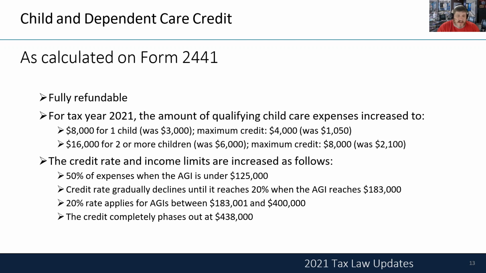Whoever has custody and has a right to claim that dependent will get any credits that are applied for, because he only has to report the advance payments that he received, and not what someone else received. And that's where we're going to see some of this. I think the people who might have to pay some of that money back are going to be in circumstances where you have two parents that are not married, and one year mom gets to claim the dependents and then the next year dad gets to claim the dependents.